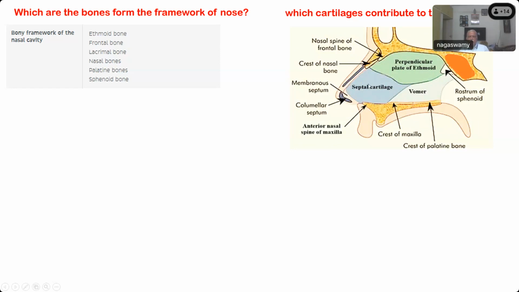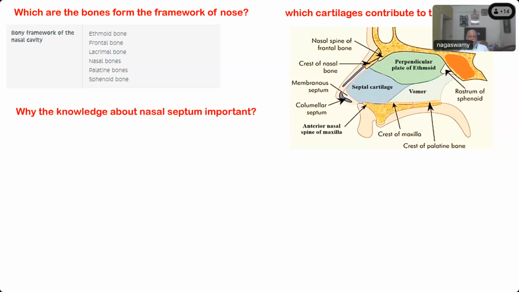So when the septal cartilage is bent, you will find the deviation anteriorly, whereas with bending of the ethmoid or the vomer, it is a posterior deviation which may not be visible while you look through the nostrils. So this has to be found out by asking the patient to close the nostril and blow. Then you will be able to identify the presence of obstruction posteriorly, whereas anterior deviation can be visually seen by just inspecting through the nostril itself.